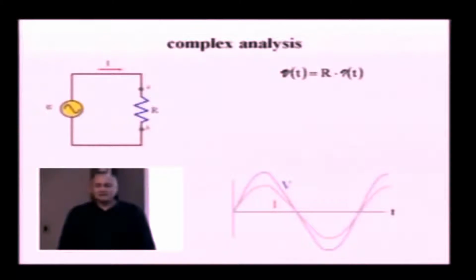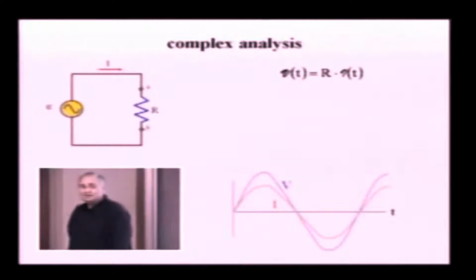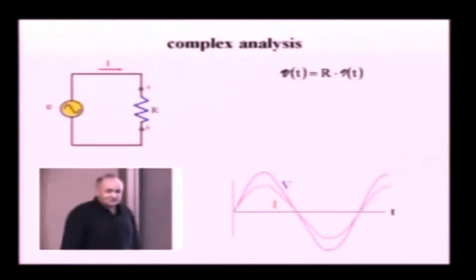You mean we multiply current by current to get voltage? Current by resistance. Is it true? Do we multiply current by resistance to get voltage? No. Only for a certain type of elements. Which type of elements? Only resistors. Only for resistors, current and voltage are proportional.